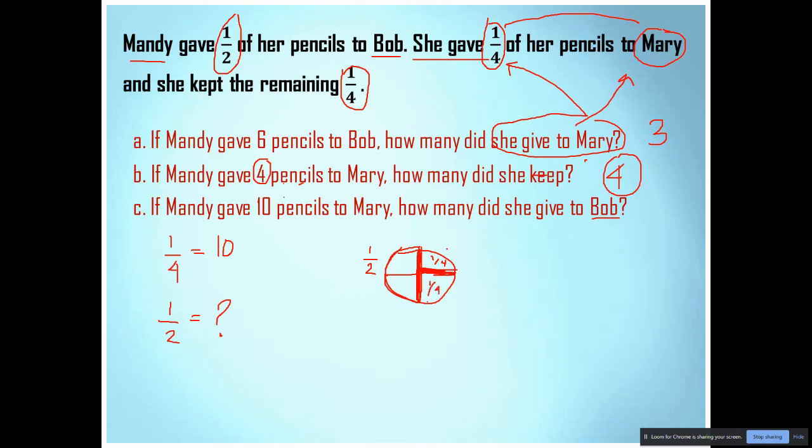So 1/4 plus 1/4 plus 1/4 plus 1/4 is equal to 1/2. Okay, so we are looking for the number of pencils that was given to Bob, which is 1/2. If we have here the 1/4, which is 10, 10 plus 10 equals 20. And 20 is the half. So that means 20 was given to Bob.